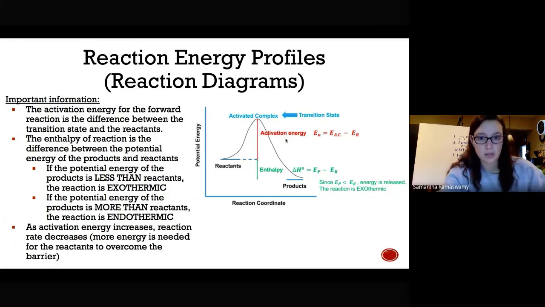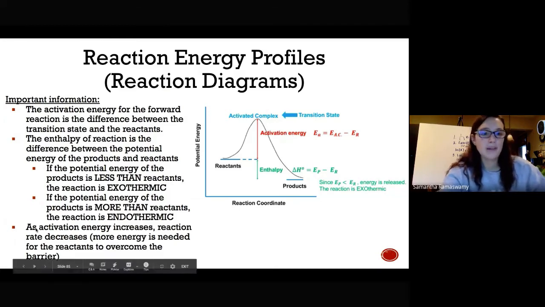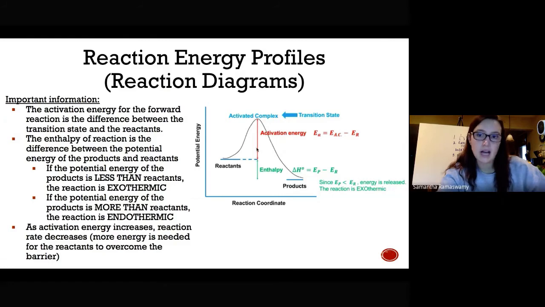That would be endothermic. And then down here, as activation energy increases, the reaction rate decreases. The higher this peak becomes, the greater the activation energy. That means the reaction rate will decrease because more energy is needed for the reactants to overcome that barrier.